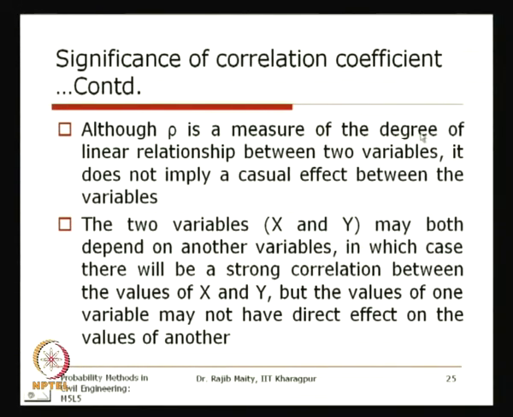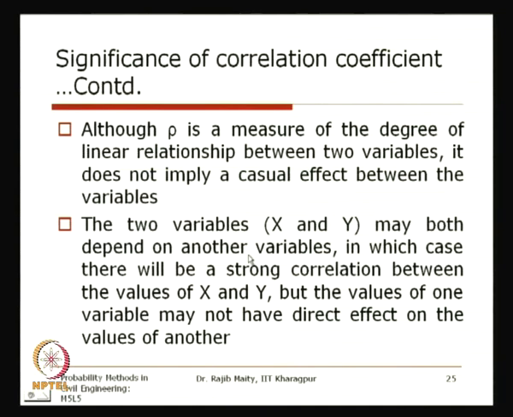So, that is what is mentioned here: although rho is a measure of the degree of linear relationship between two variables, it does not imply a causal effect between them. The two variables x and y may both depend on another variable. This is one special case we are giving as an example, but not the only case where this type of relationship may occur.